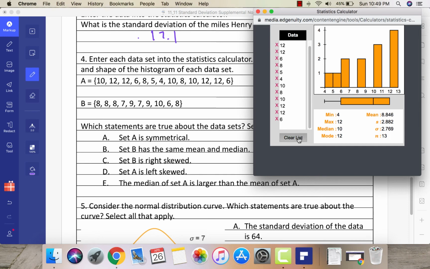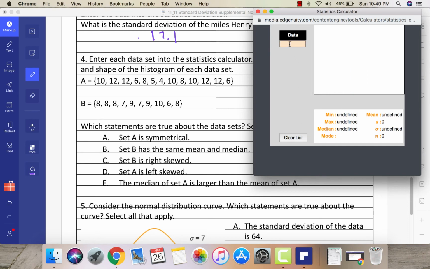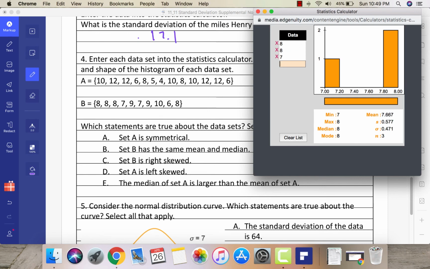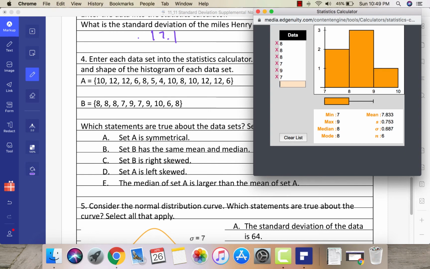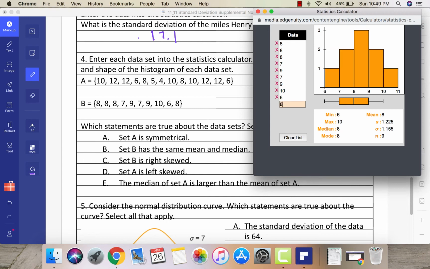We're going to clear the list, and we're going to put the other set of data for B. So we have 8, 8, 7, oh, hold on, I messed up there. 8, 7, 9, 7, 9, 10, 6, 8.